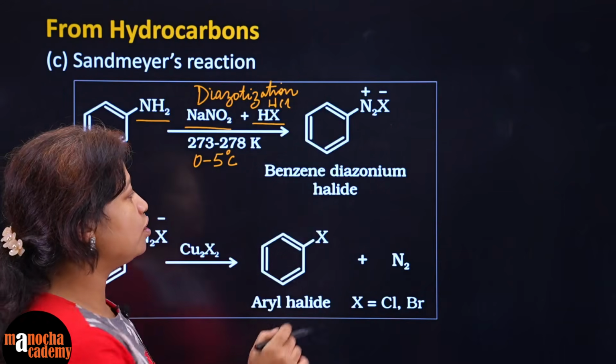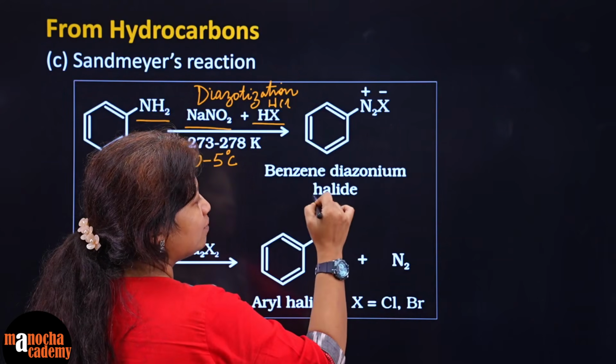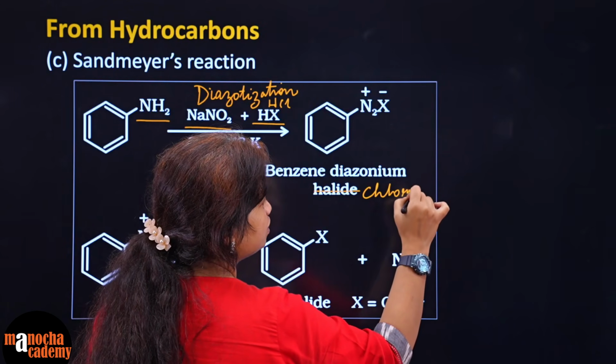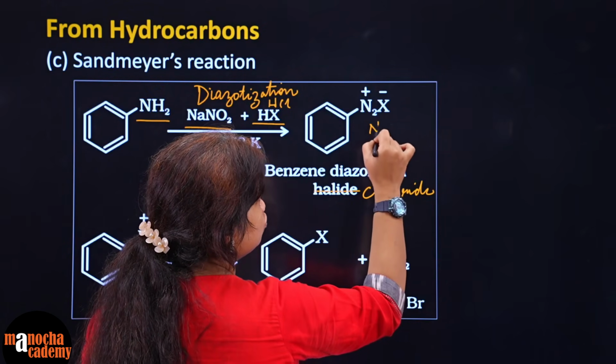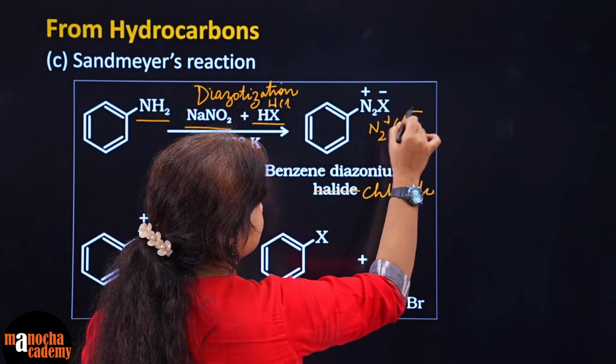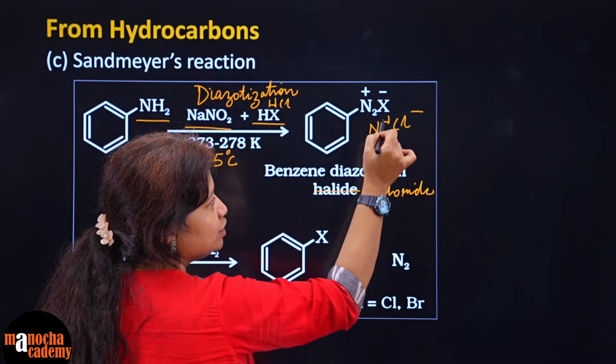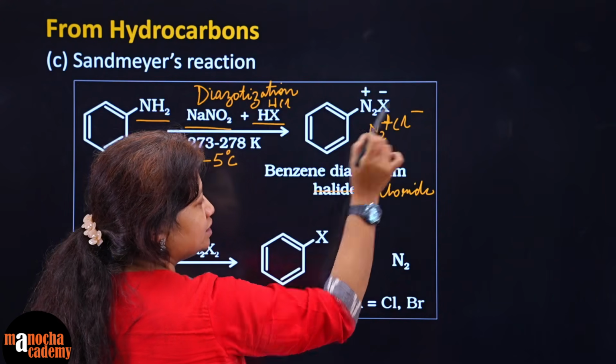This salt is called a diazonium salt, diazonium halide. If it's a chloride, I write diazonium chloride. It will be N2 plus Cl minus. This is benzene, this is diazonium N2 plus, and Cl minus is the chloride.